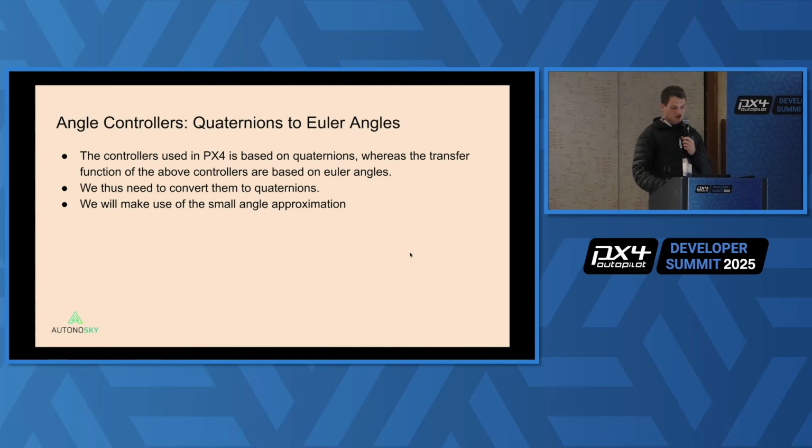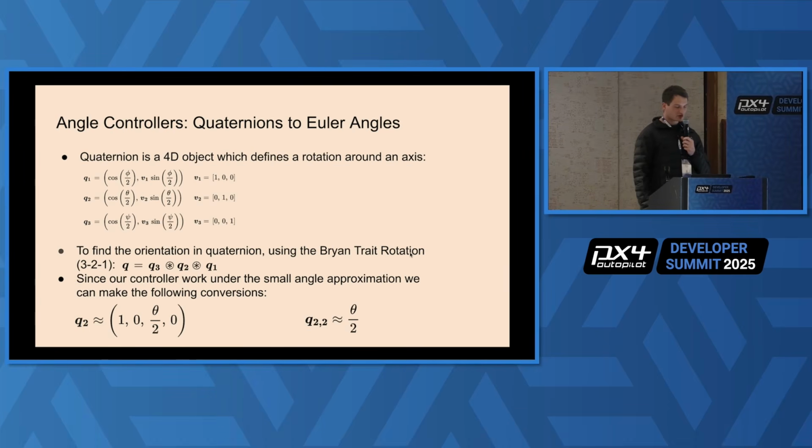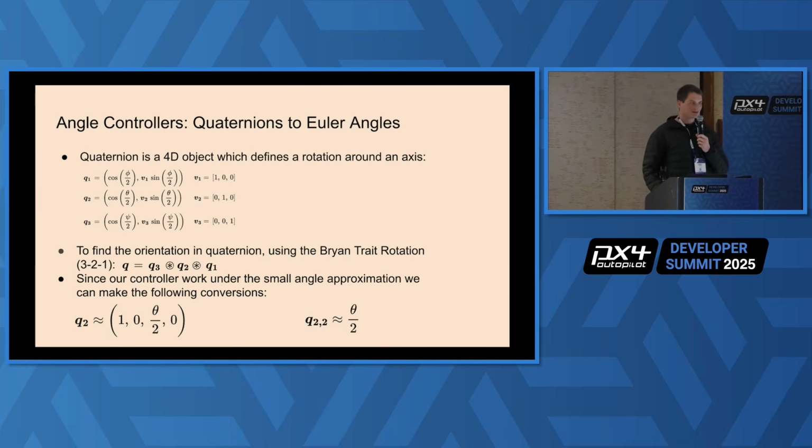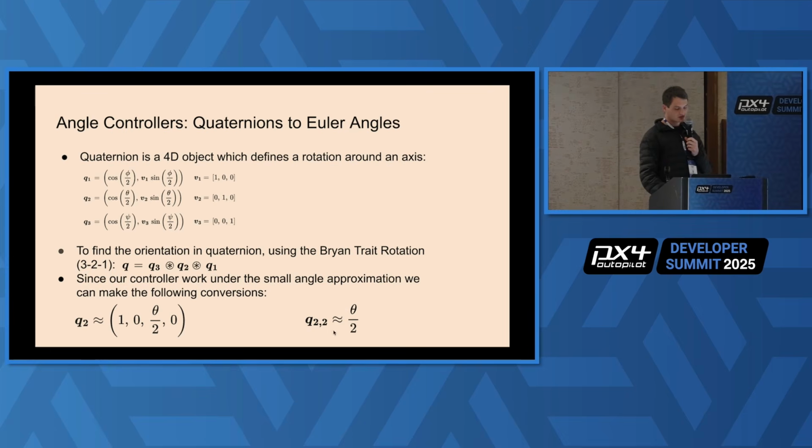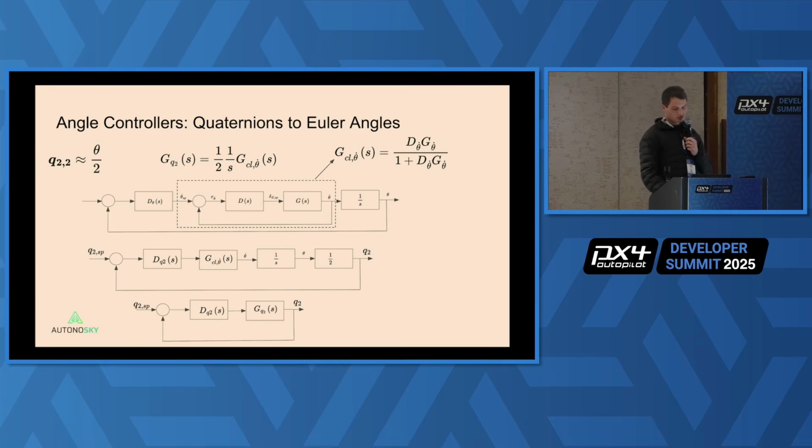So since we are designing linear controllers, we can apply, again, small angle approximation. And this will result in the second quaternion element being responsible for half of the pitching rotation. And then we can apply this transformation into our controller block diagram, which will then transform our controller block diagram into a quaternion base.